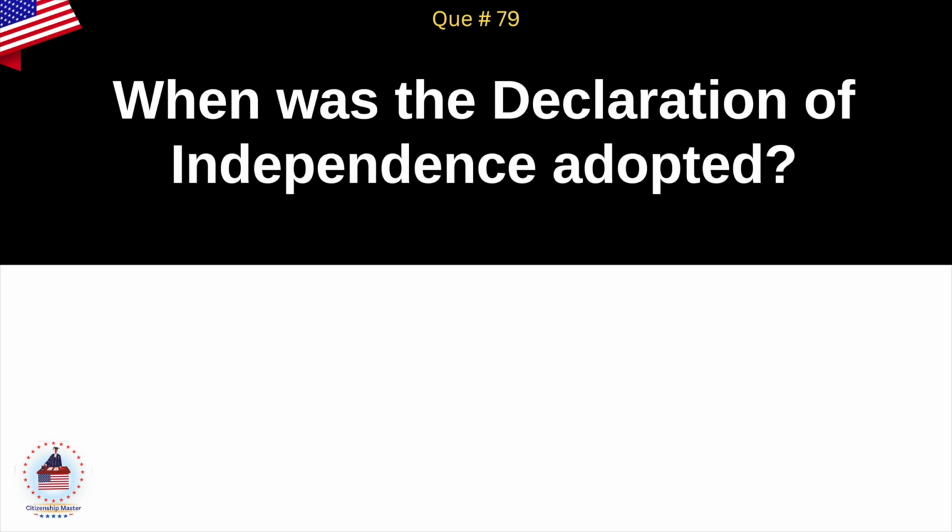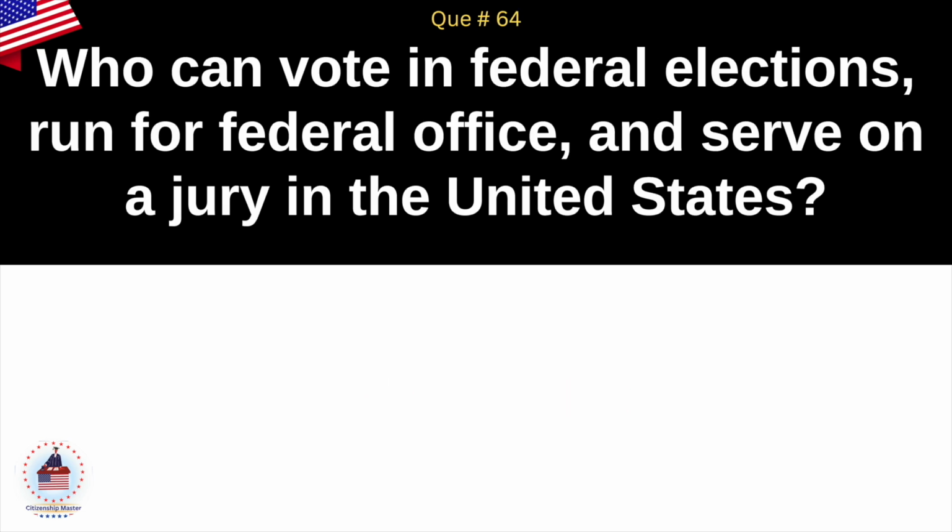When was the Declaration of Independence adopted? July 4th, 1776. Who can vote in federal elections, run for federal office, and serve on a jury in the United States?